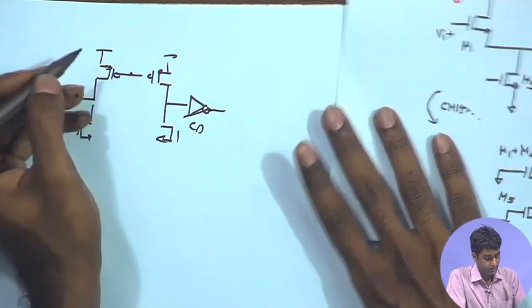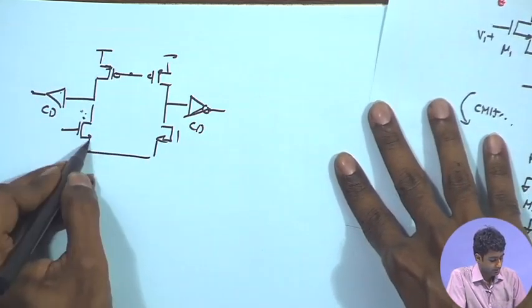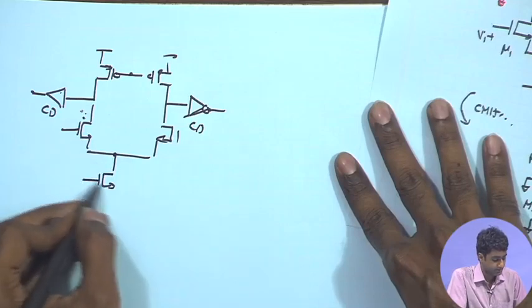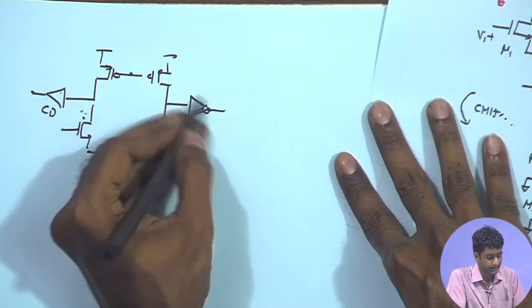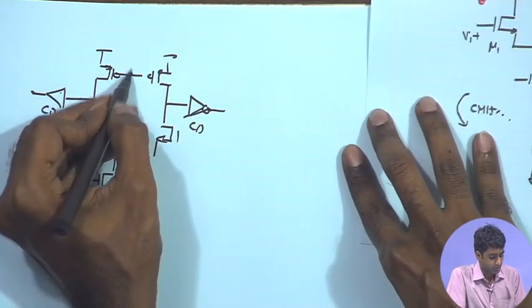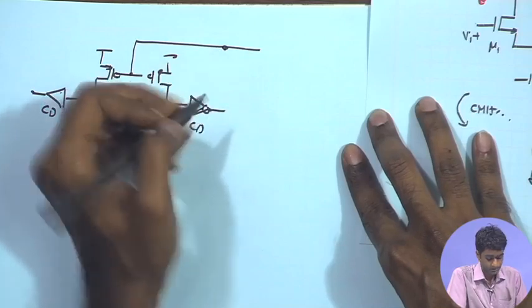So these are common drain buffers which can facilitate relatively low output impedance. Gain remains close to unity from this point to this point.